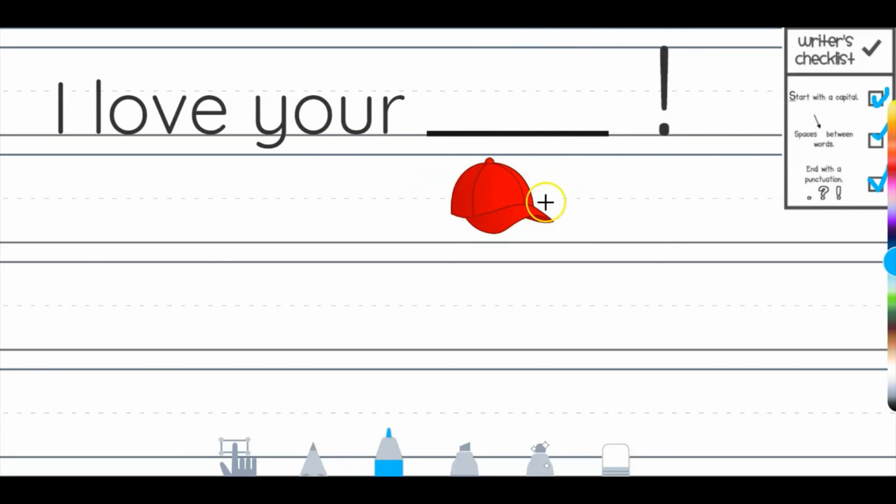This is a cap. Your teacher's going to pause the video. You are going to fill in the blank with cap and then rewrite the sentence, I love your cap, making sure you start with a capital, an uppercase letter, have spaces in between your words, and end with the punctuation mark of an exclamation mark.